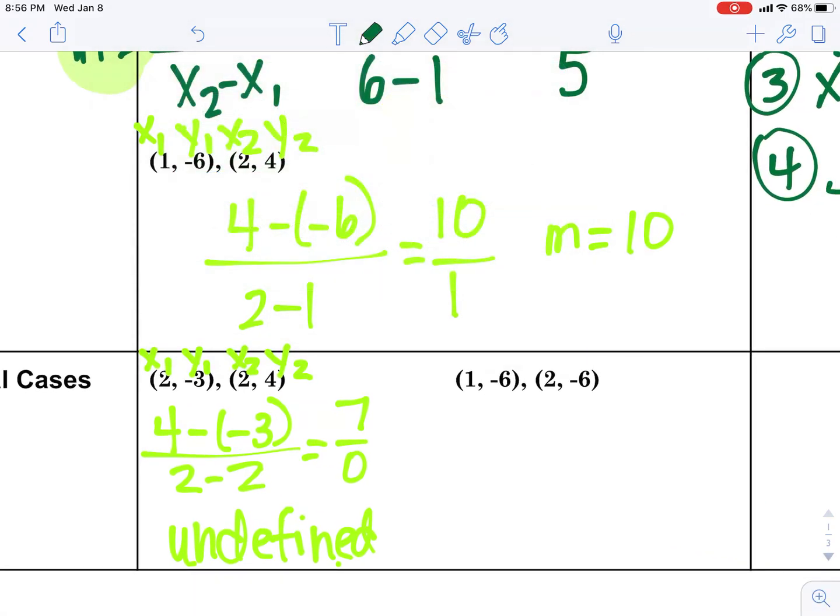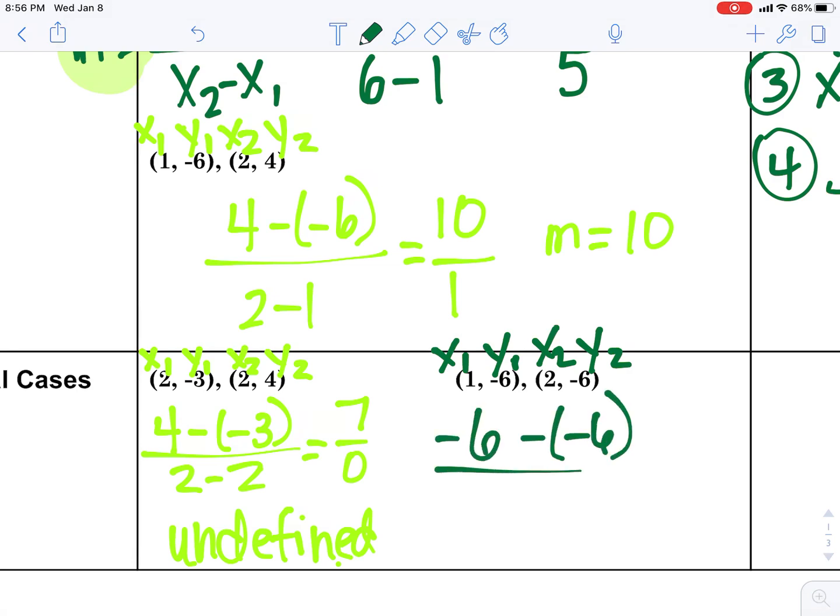So let's go and do this next one. So we have x1, y1, and x2, y2. So -6 minus -6. And then we have 2 minus 1. So in our top, this comes out to be -6 plus 6, which is 0. And then 2 minus 1 is 1.